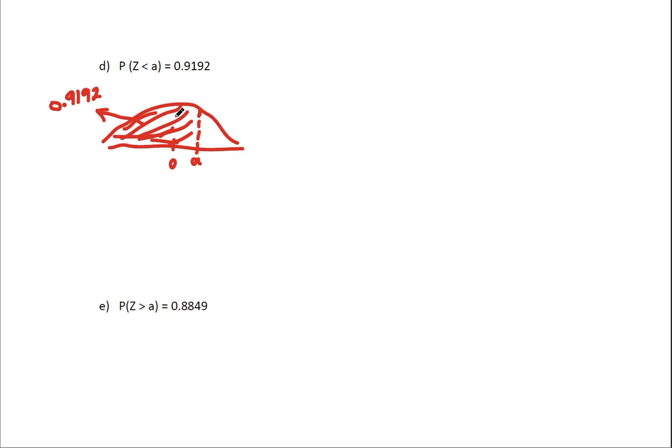So, since we need that area to the left of A, and we know that the half table only accounts for 50%, we're going to take 0.5 from the 0.9192.